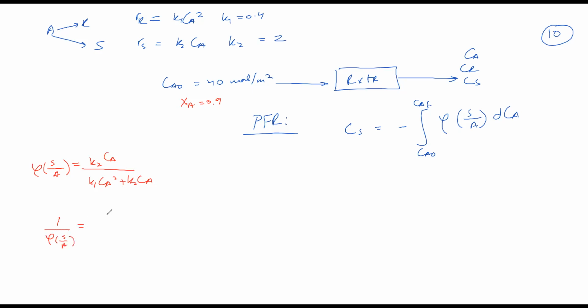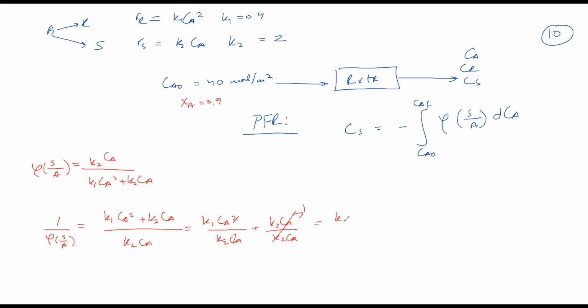So I'm going to flip it so I get K1 Ca squared plus K2 Ca divided by K2 Ca. And this can be divided into K1 Ca squared over K2 Ca plus K2 Ca over K2 Ca. This guy right here is 1. And I'm going to cancel one of the Ca's here.